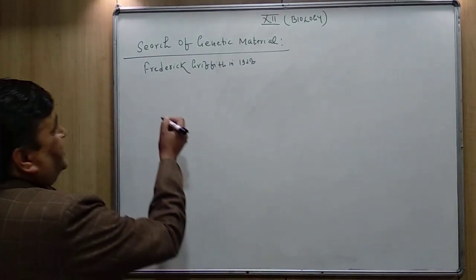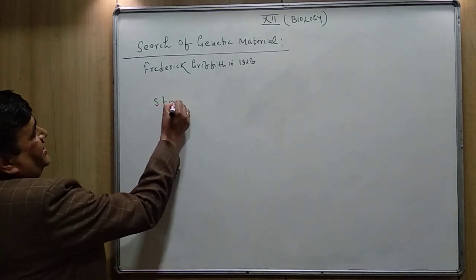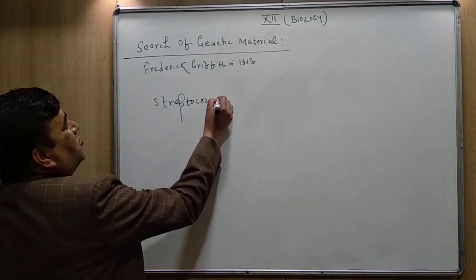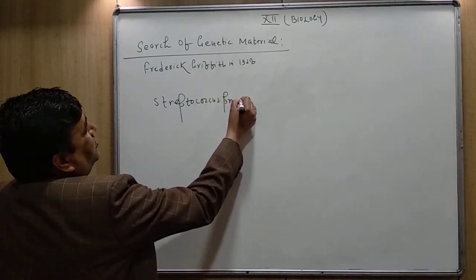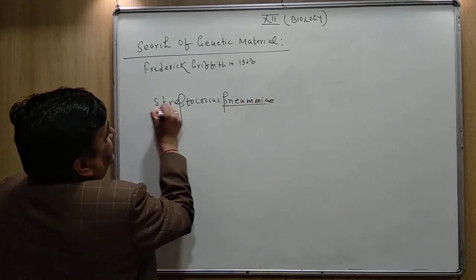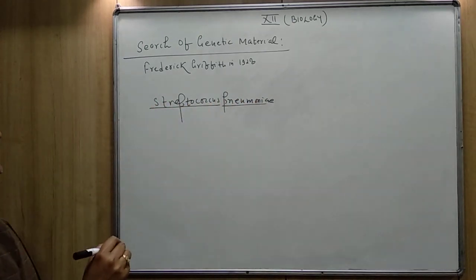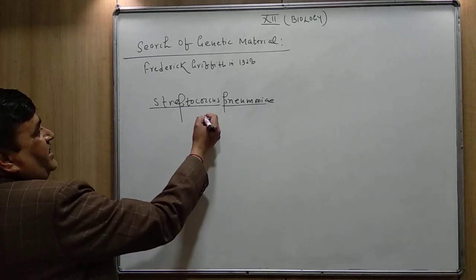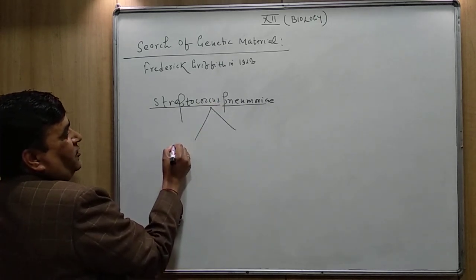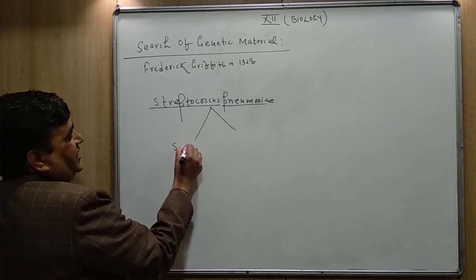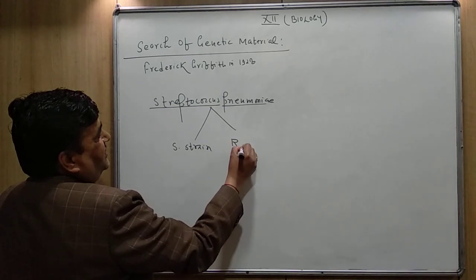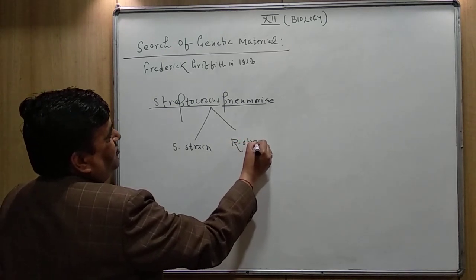You can see here he conducted the experiment on Streptococcus pneumoniae, and Streptococcus pneumoniae actually has two strains. One strain is the S strain, and the other strain is the R strain.